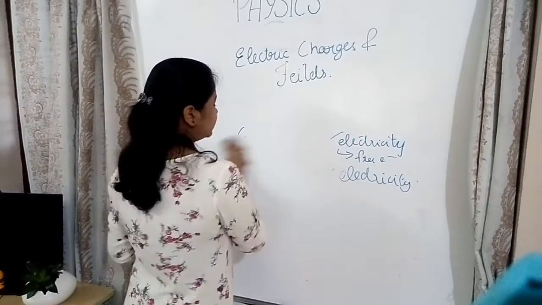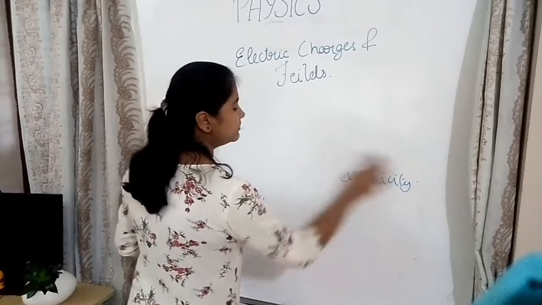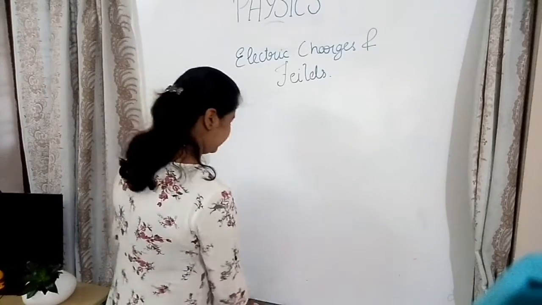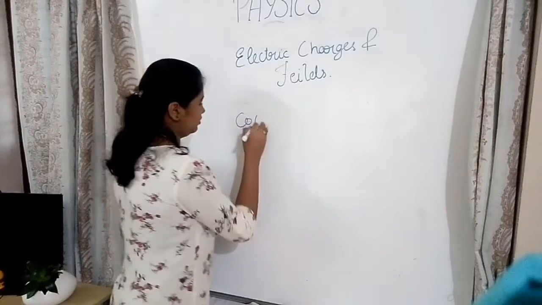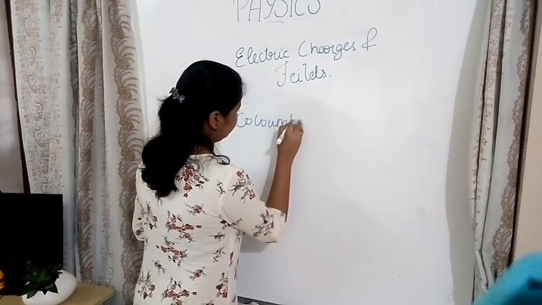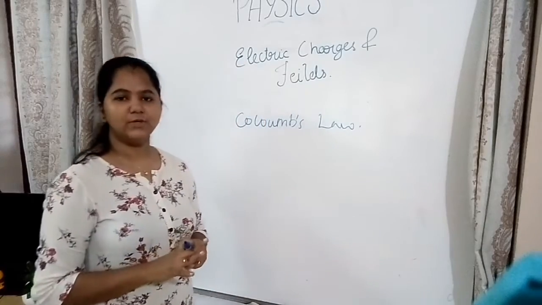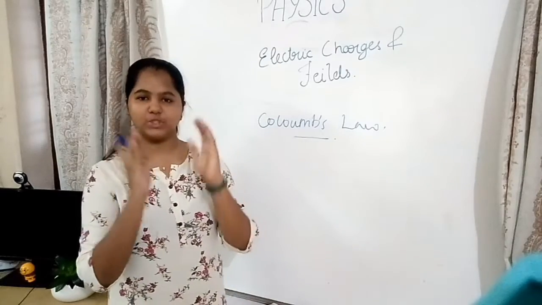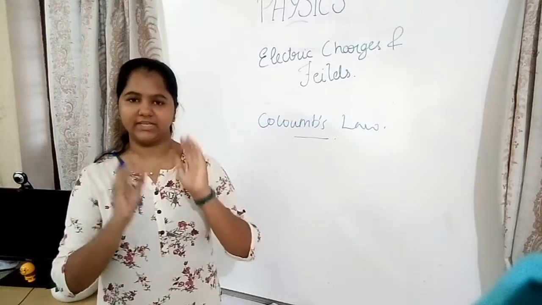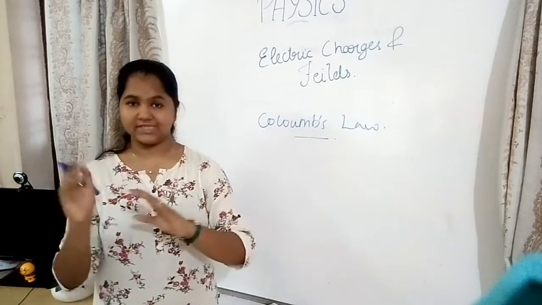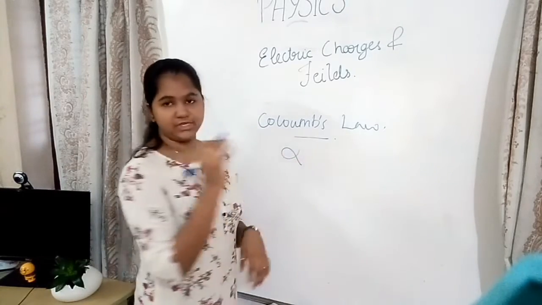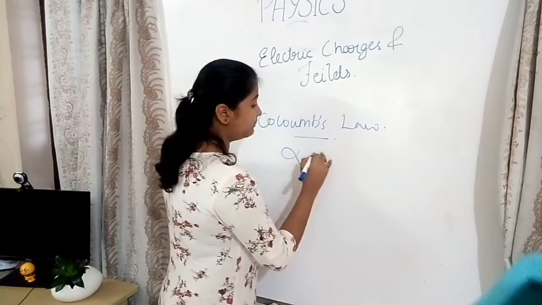The next one is known as Coulomb's law. So, what is Coulomb's law? It gives the force between two point charges. The force between two charges is directly proportional to the product of the charges.